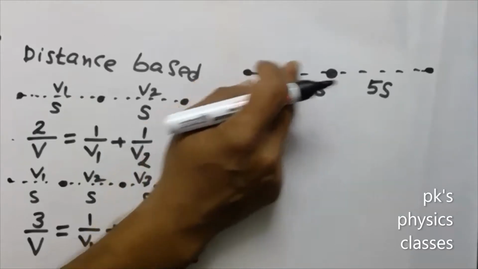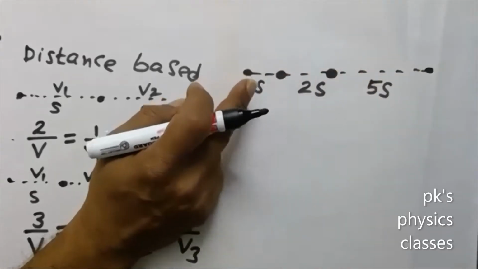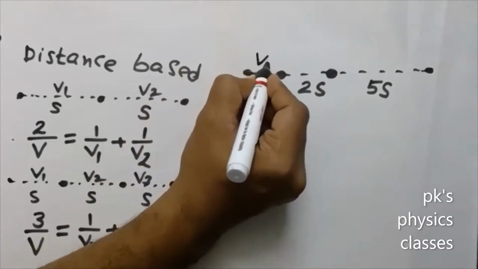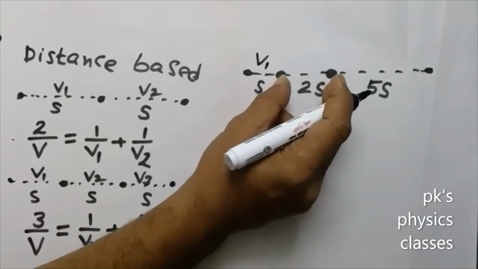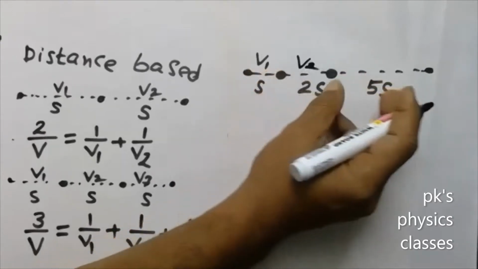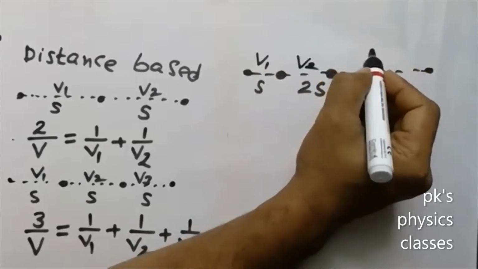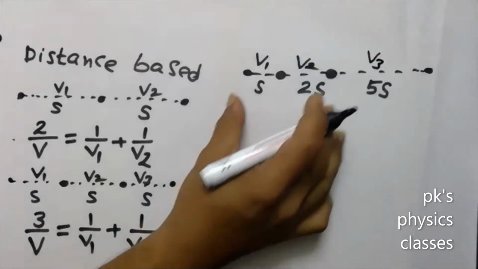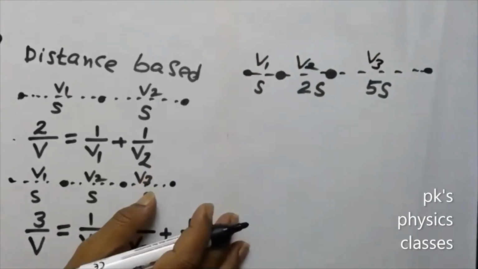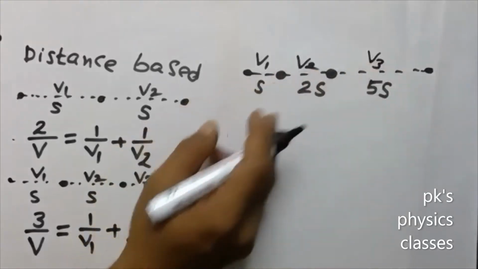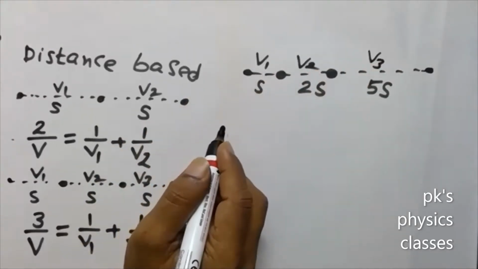See, out of these 8 parts of the journey, 1/8 part is covered with v1, 2/8 part is covered with v2, 5/8 part is covered with v3. In such case, out of 8 parts, total 8 parts, what is the average speed.